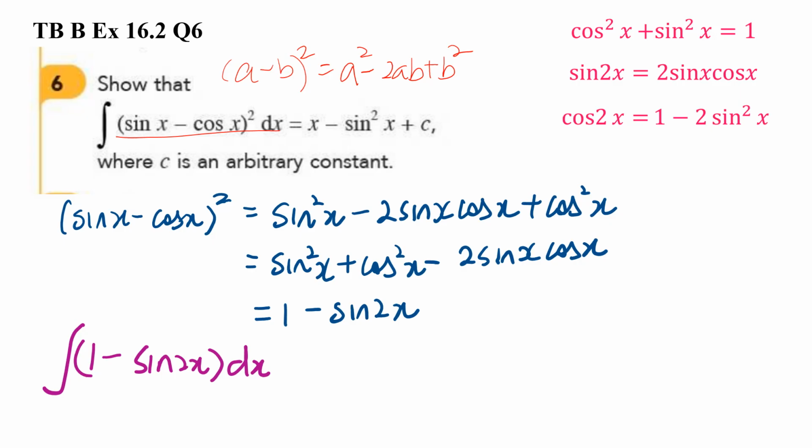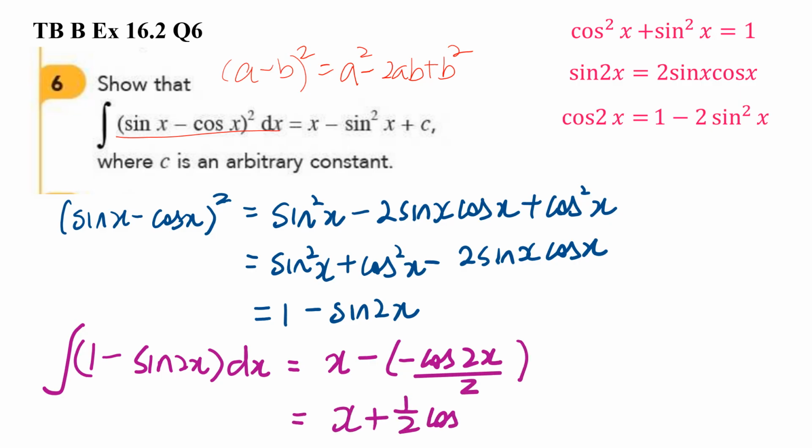So we are actually integrating 1 minus sine 2x. So integrate 1, you get x, and integrate sine 2x, you get negative cos 2x divided by 2. And we're not done yet, because if you look at the answer, it is actually expressed in terms of sine square x. So this is where I need to apply this formula to replace my cos 2x with 1 minus 2 sine square x.